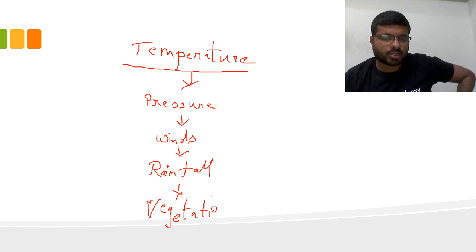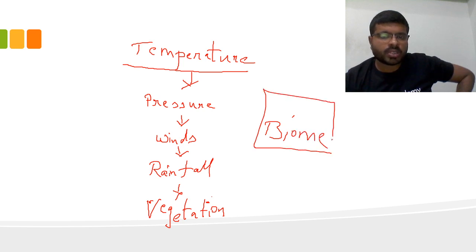So vegetation. Then what is a biome? A biome is a unique set of ecosystems, in a simple way.